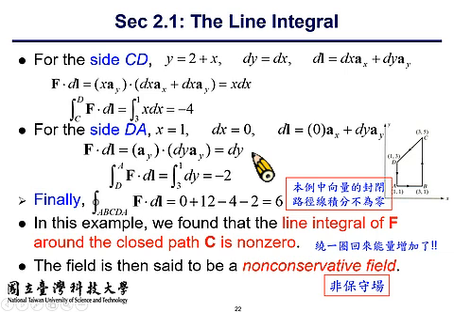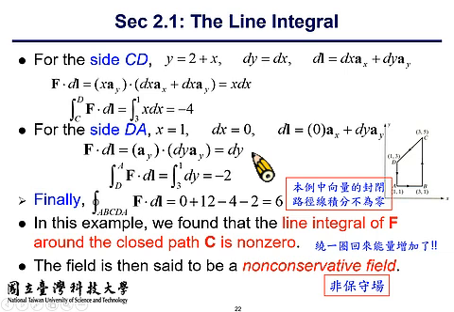Note that the limits of the integral are pertinent to the starting point and the end point. At the starting point, the x coordinate is 3, and at the end point, which is point D, the x coordinate is 1. So the integral is from x equals 3 to x equals 1, like over here. If you carry out the integration, it will give you -4.